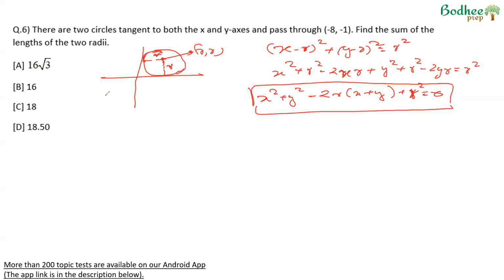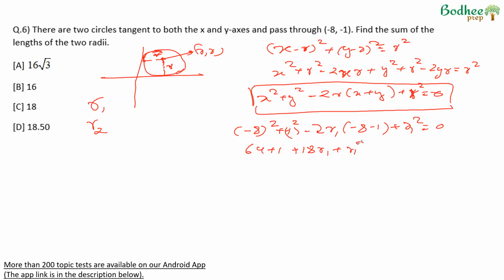Now, the radius of our first circle is r1, the radius of our second circle is r2. Both of them pass through (minus 8, minus 1). So for the first circle, we can write (minus 8) square plus (minus 1) square minus 2r1 into (minus 8 minus 1) plus r1 square is equal to 0. 64 plus 1 is 65, plus 18 r1 plus r1 square is equal to 0.